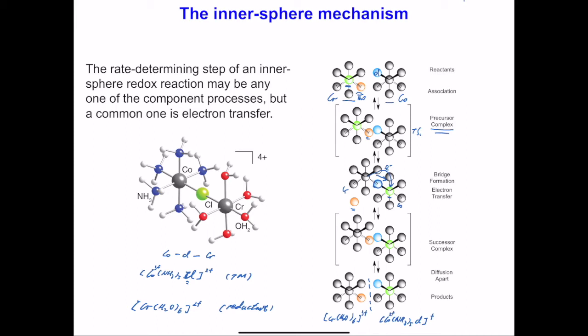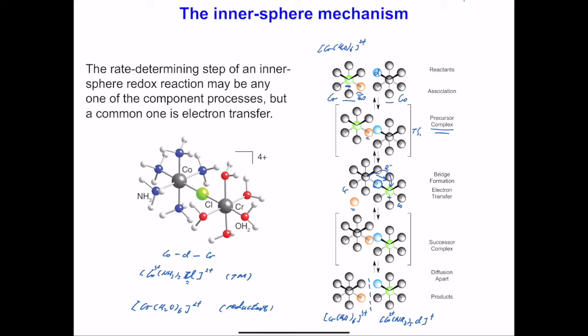Let me add the initial state. Here is chromium water 6, 2 plus.